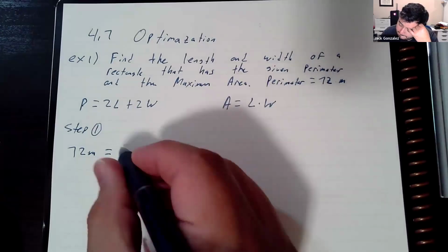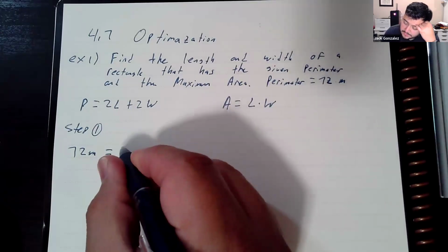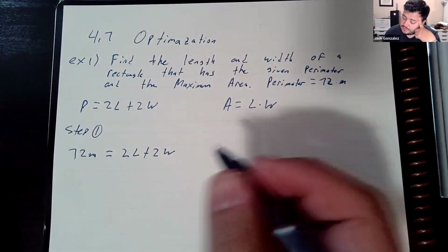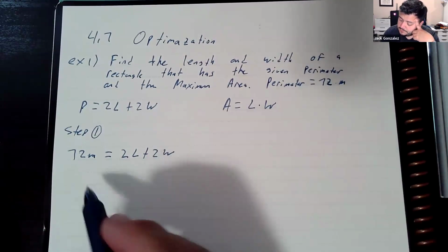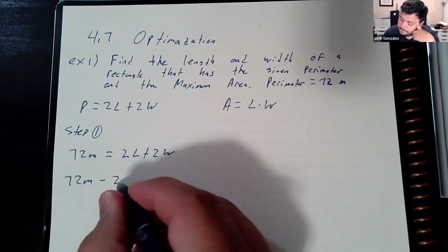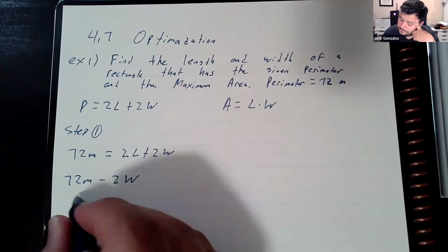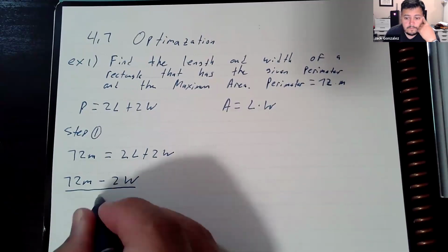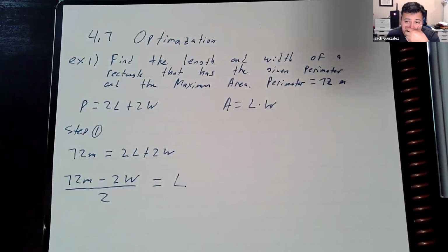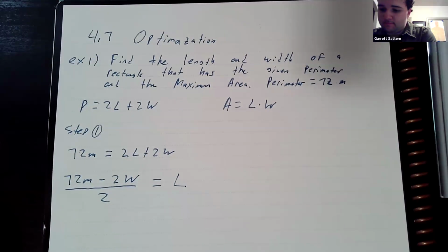Plug in the perimeter and solve for L. I'm going to subtract 2W, divide by 2. Let me know if you need more details. This is L. If you need more algebra details, let me know.